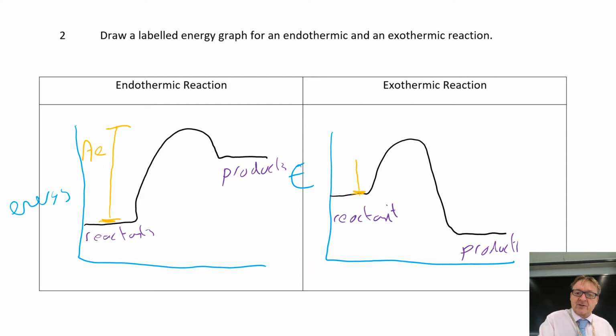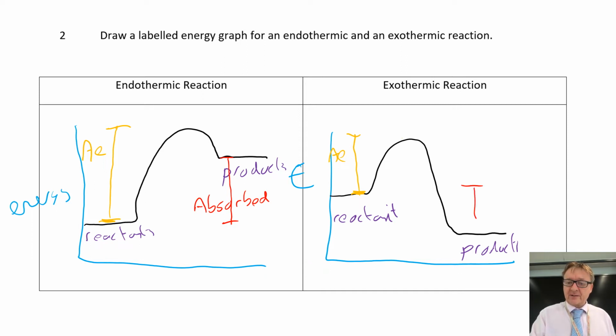The activation energy on an exothermic reaction goes from where the reactants are to the peak of the graph. The last thing is that the energy that is absorbed is that amount of energy. So that is absorbed, hence why it's endothermic, it's taking in energy. In an exothermic reaction, that is the amount of energy released.